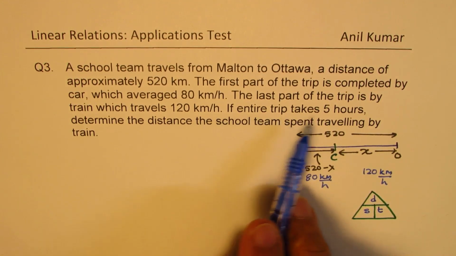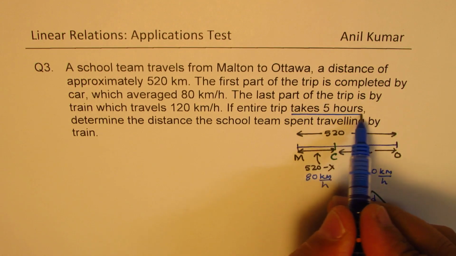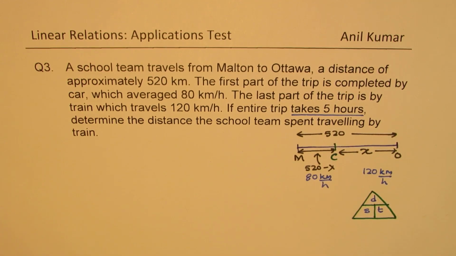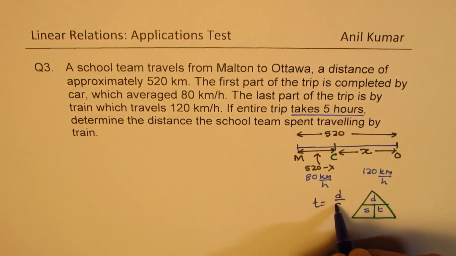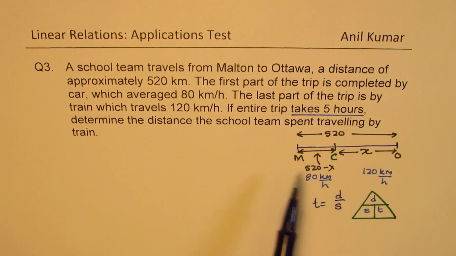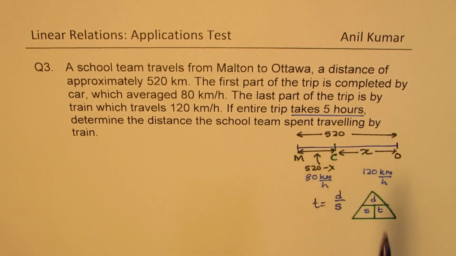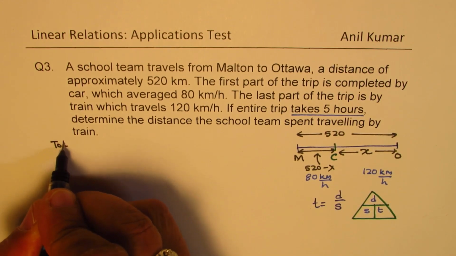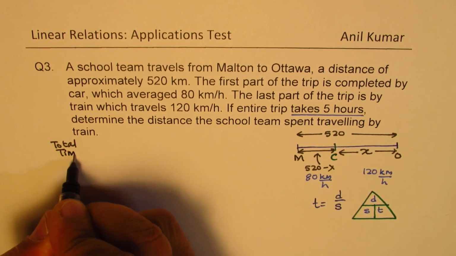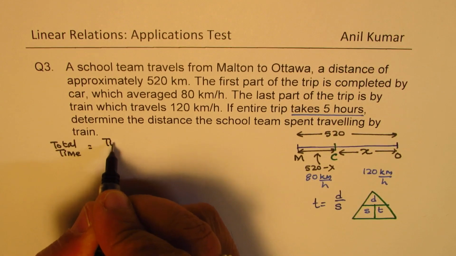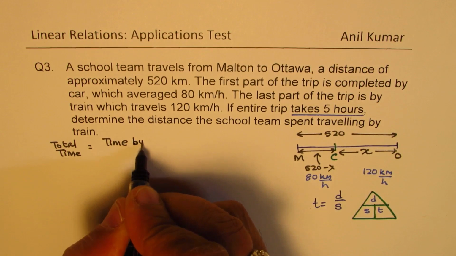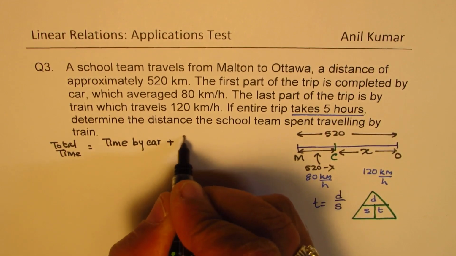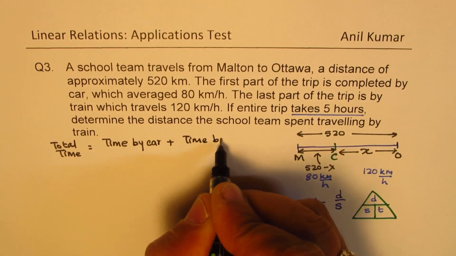Since we are given the total time of 5 hours, we can write from here that the relation is time is equal to distance over speed. So we can add both the times to 5. That is what we will do, right? To form the equation, we have total time equals time by car plus time by train.